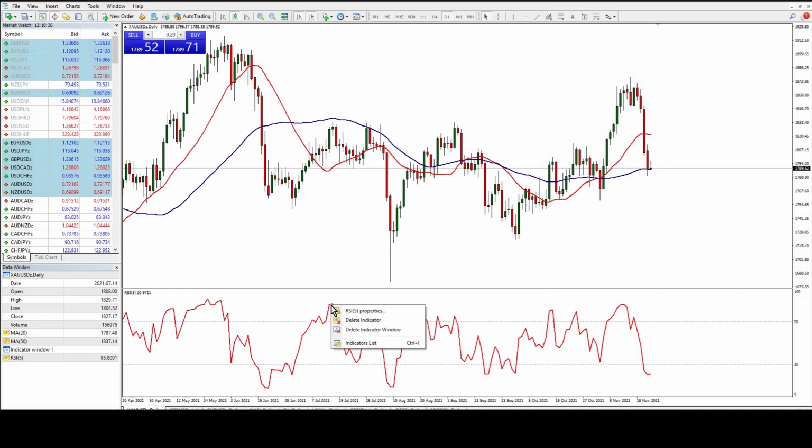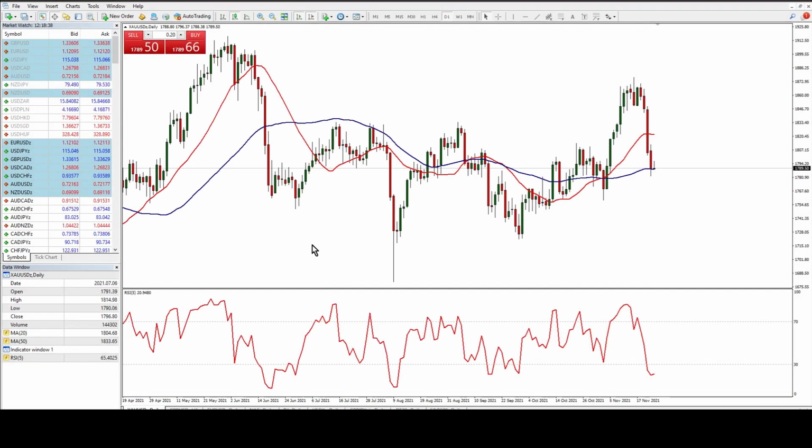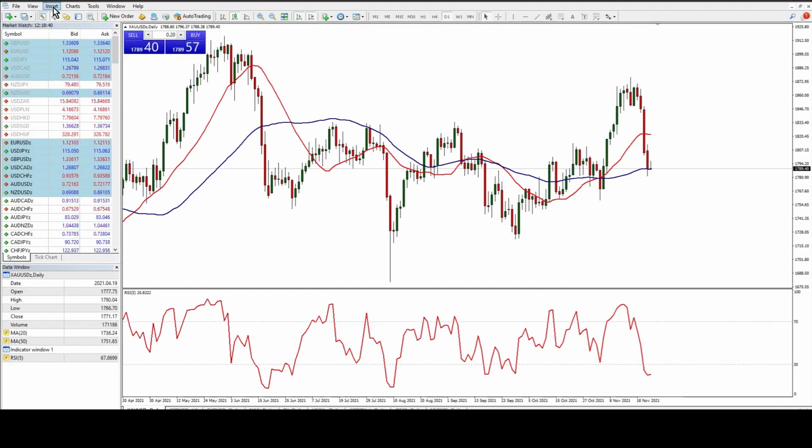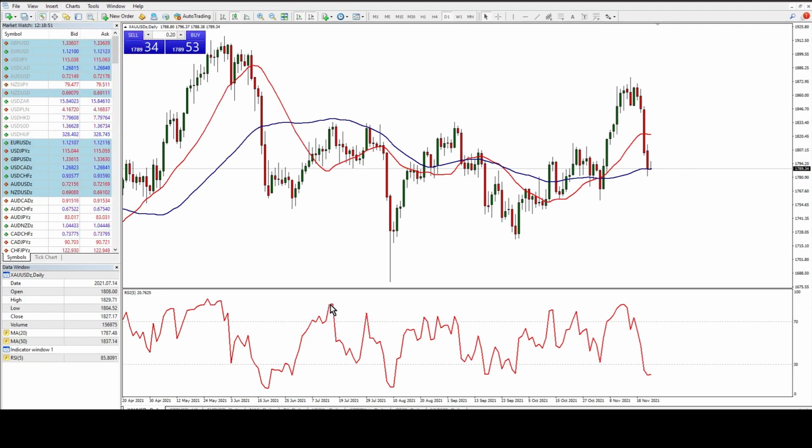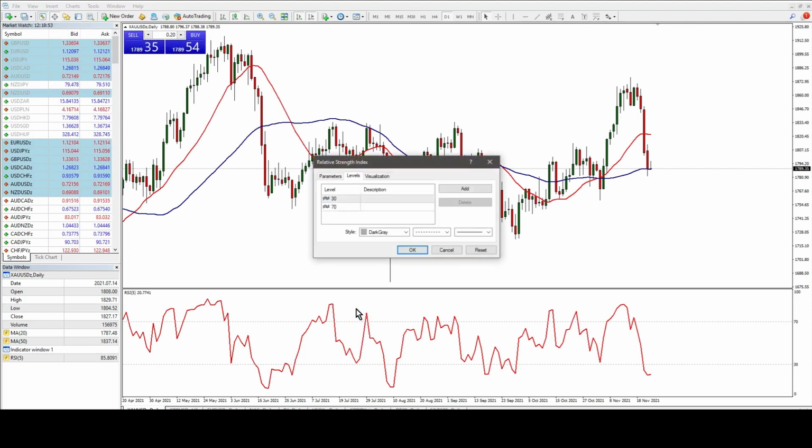First of all, to insert this, you go to Insert, Indicators, Oscillators, and you choose Relative Strength Index there. Once you have it on your chart, if you right click on it, you can open a settings box. And here, if you double click these, you can change these settings.